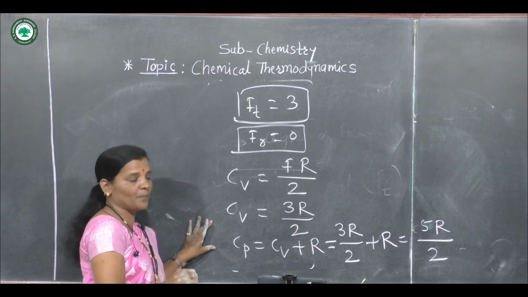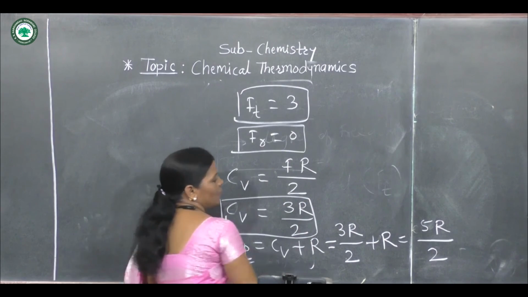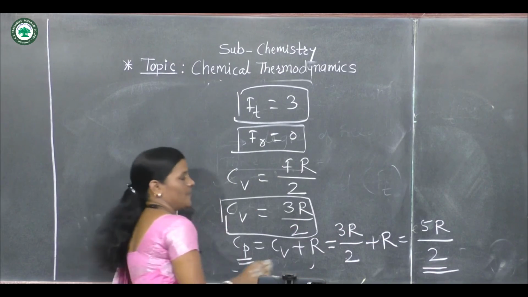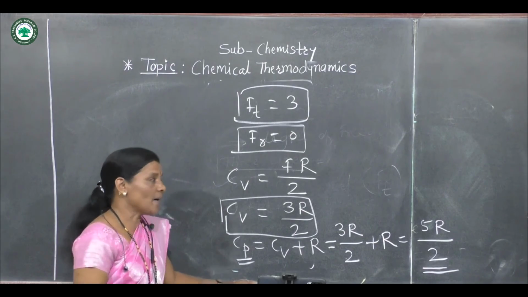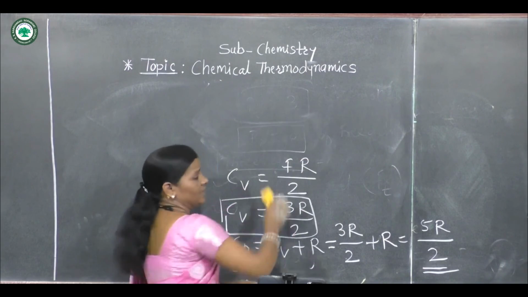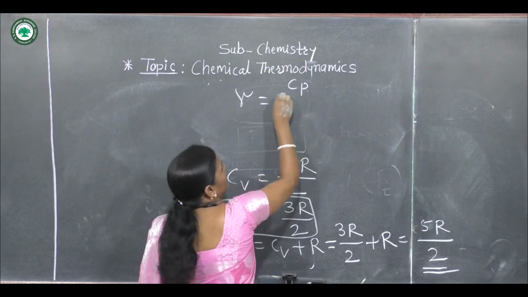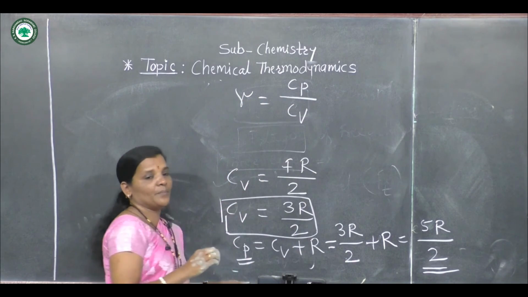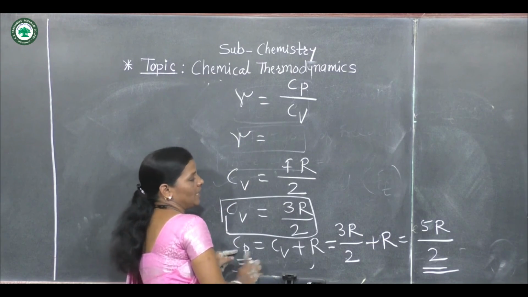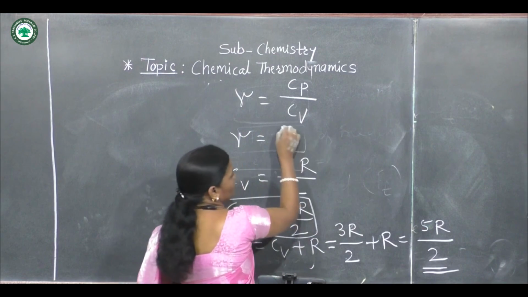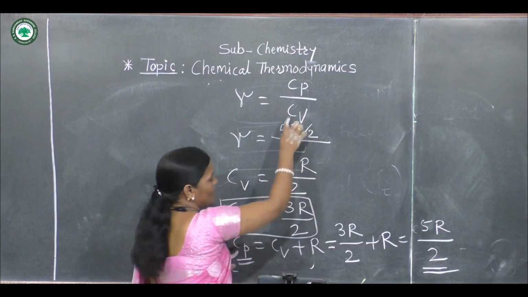From this value of Cv and this value of Cp we can find out the Poisson ratio, that is gamma, given by gamma is equal to Cp upon Cv. So gamma is equal to, what is the value of Cp? That is 5R upon 2, divided by, what is the value of Cv?